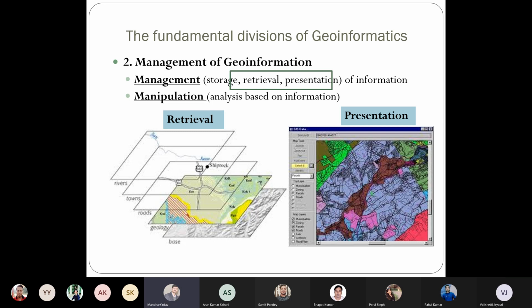Later we do manipulation based on the available information and present it further. The overall aim is to process the remotely sensed data to solve the objectives of different applications.